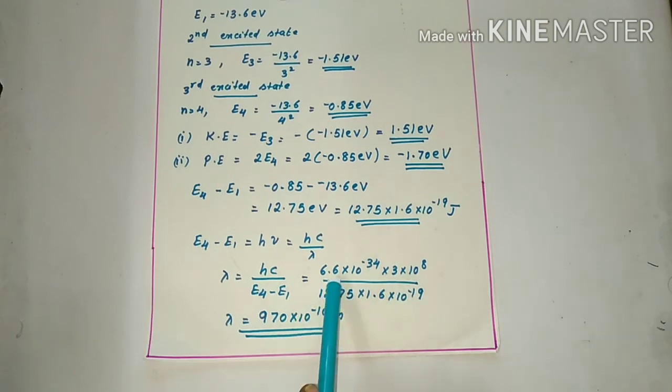Then substitute the values: 6.6 into 10 raised to minus 34 into 3 into 10 raised to 8 divided by 12.75 into 1.6 into 10 raised to minus 19. So you will get the wavelength of the photon emitted, lambda equal to 970 into 10 raised to minus 10 meter.